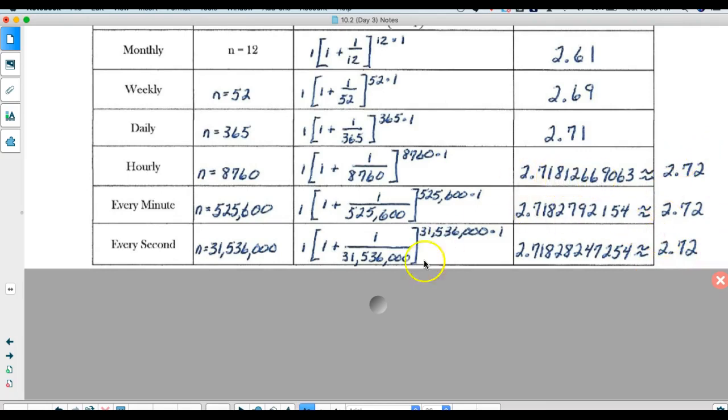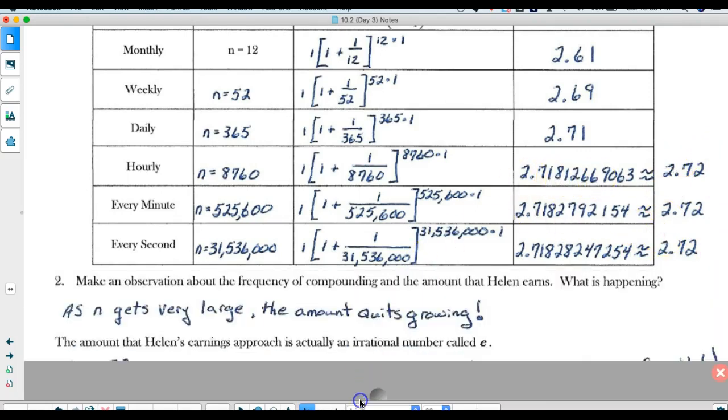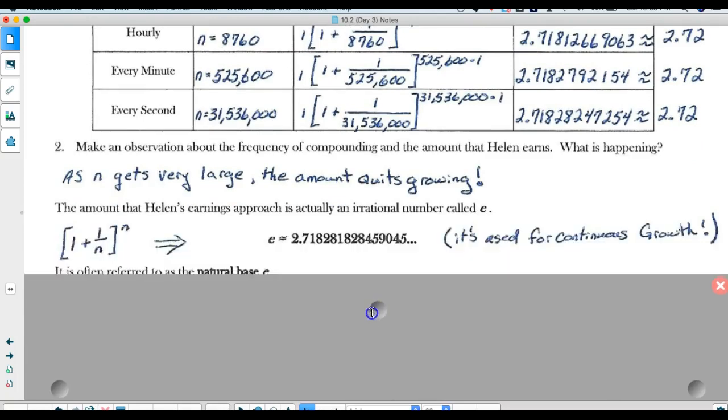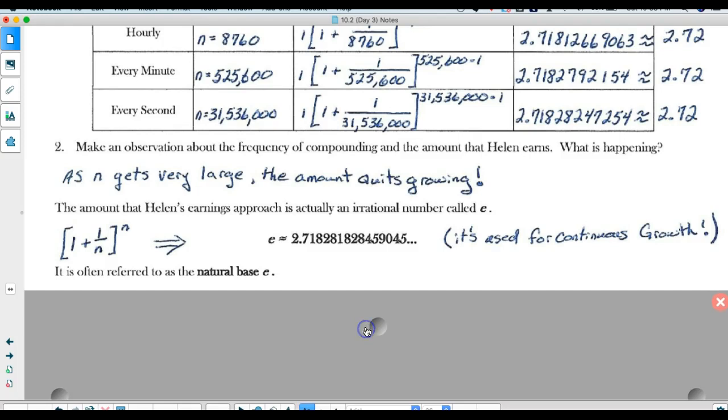This is an irrational number that keeps going. The observation about the frequency of compounding is that as n gets super, super big, our amount quits growing significantly. It's encroaching on a number called e.